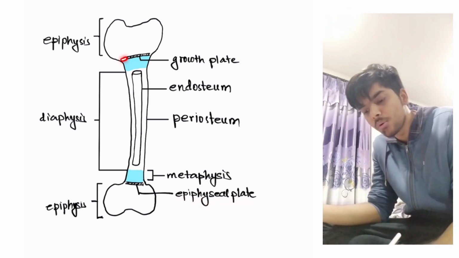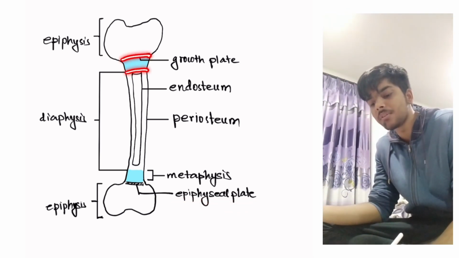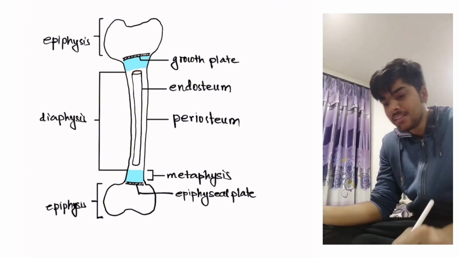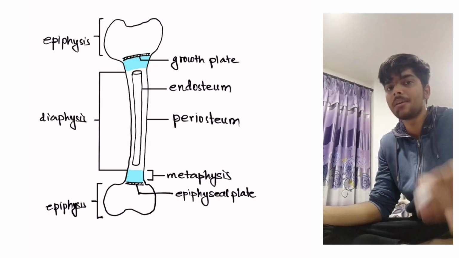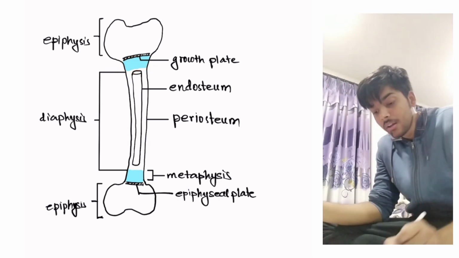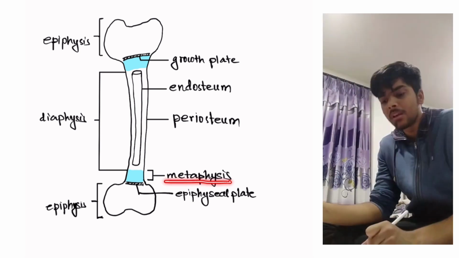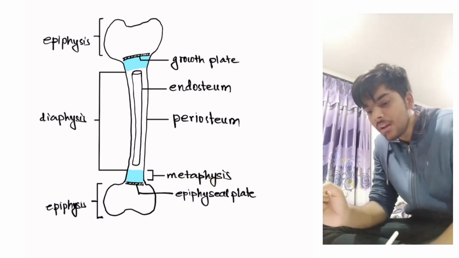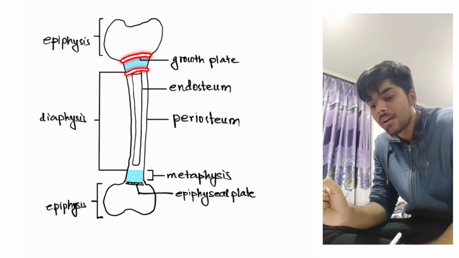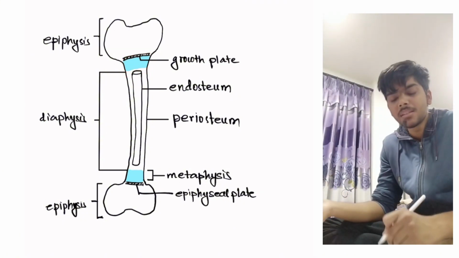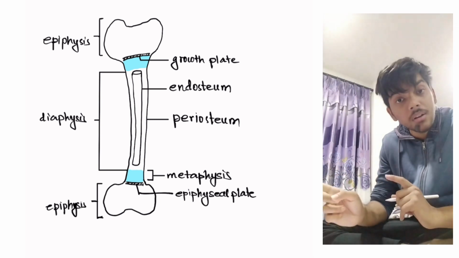Sandwiched between the growth plate and the end of the diaphysis is a region which I have marked in blue. This region forms the growing end of the diaphysis, and it's called the metaphysis.